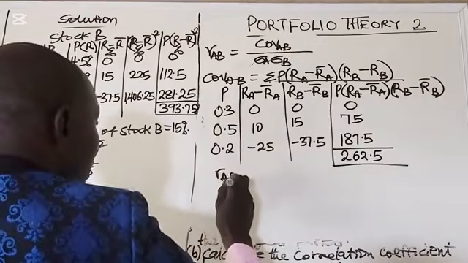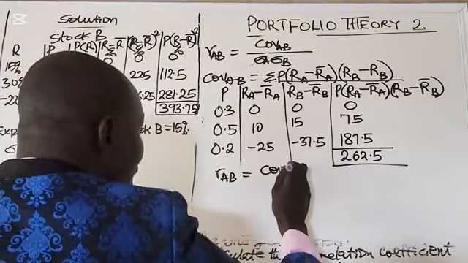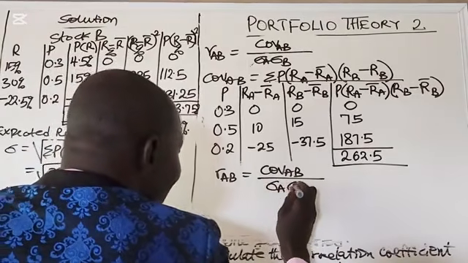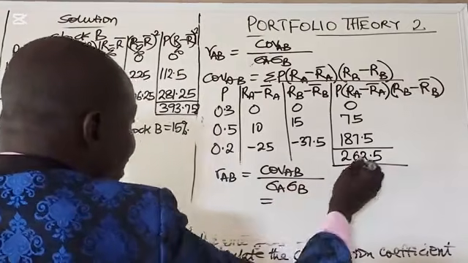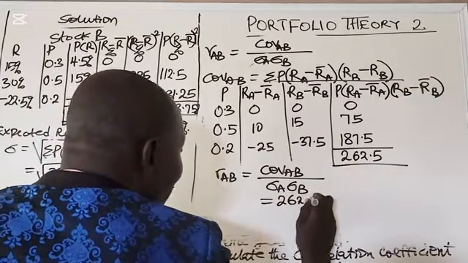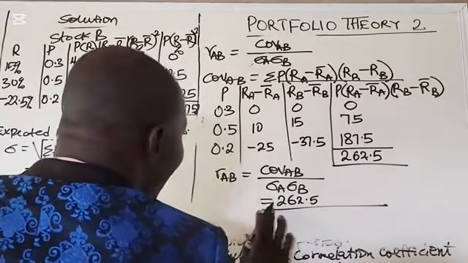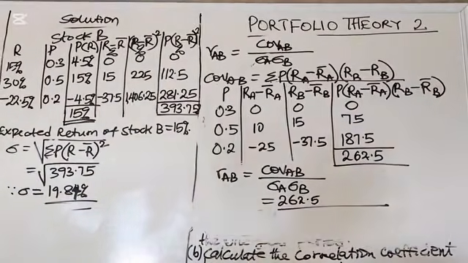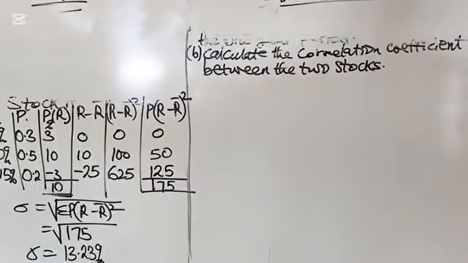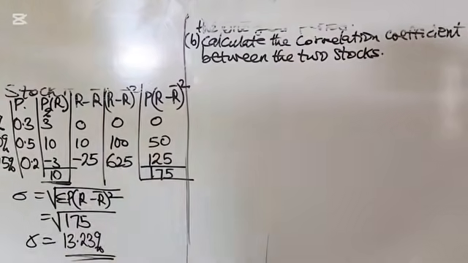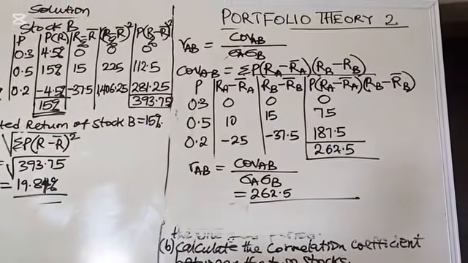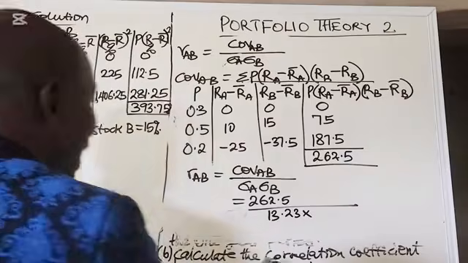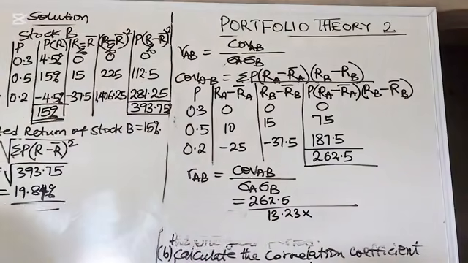We said the correlation coefficient equals the covariance of the two stocks over the standard deviation of stock A multiplied by the standard deviation of stock B. The covariance is 262.5 as calculated, over the standard deviation of stock A, which as calculated is 13.23, multiplied by the standard deviation of B, which is 19.84 from our calculation.